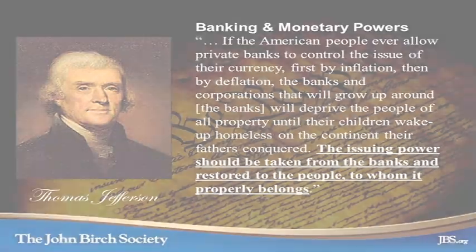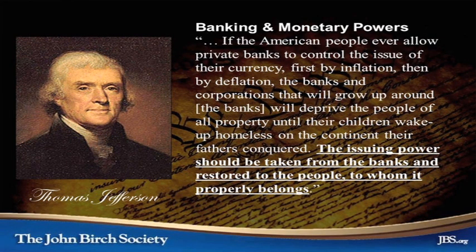Now, I point this out because Thomas Jefferson said almost exactly the same thing about 200 years before him, where he says, if the American people ever allow the private banks to control the issue of their currency, first by inflation, there's the boom cycle, then by deflation, the bust cycle, the banks and corporations that will grow up around the banks will deprive the people of all property until their children wake up homeless on the continent their fathers conquered.